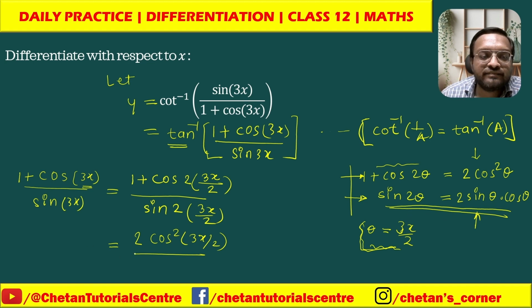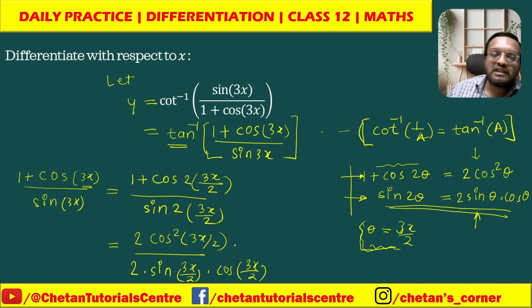Then what I will get, 2 into sin theta, here theta is 3x upon 2, so sin 3x upon 2 multiplied by cos theta, that is cos 3x upon 2. So in this way I have expanded the numerator and denominator. Now you can see that I have 2 common in numerator and denominator, so I will cancel it out. And here you can see that I have cos square 3x upon 2 in the numerator, and in the denominator I have cos 3x upon 2.